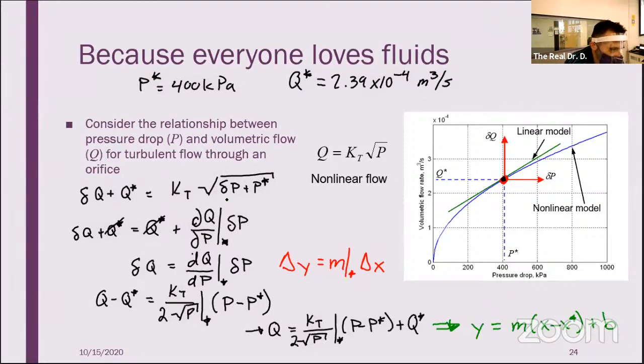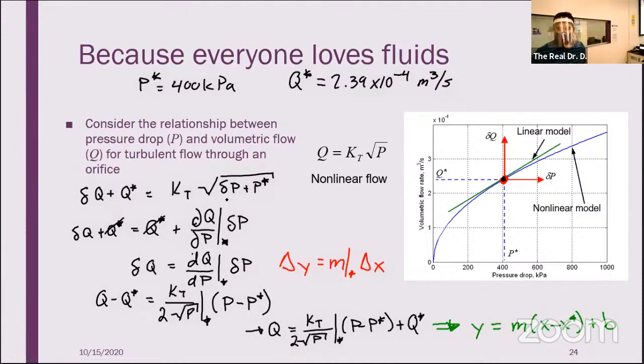So the question was, if the model is only good over a certain amount of room, how do we know when we need to shift where we're taking our model about? And that's why choice of operating point is user defined. Most systems have a range of operating conditions.